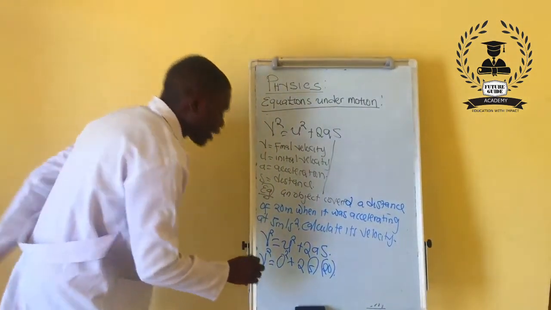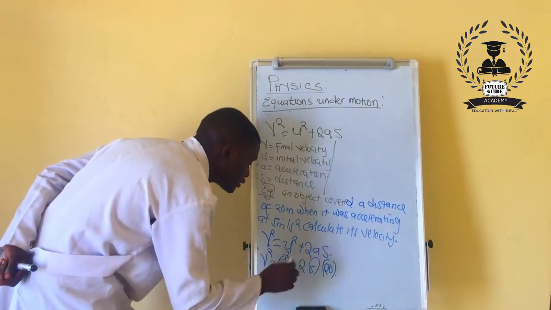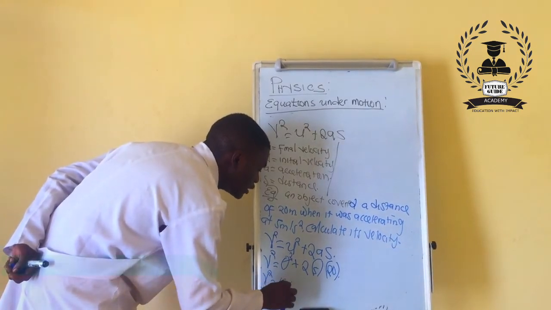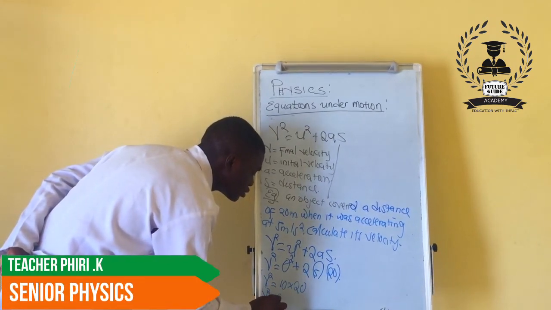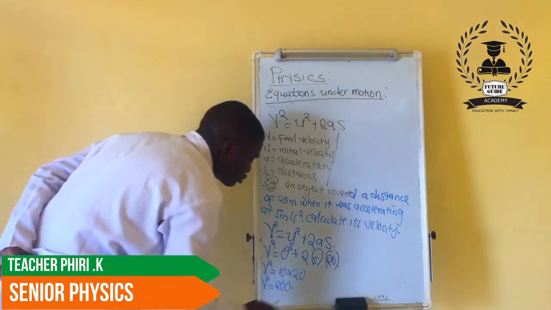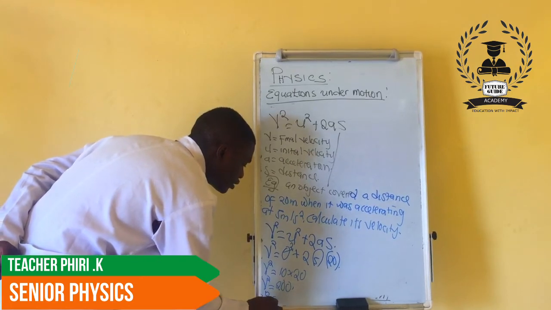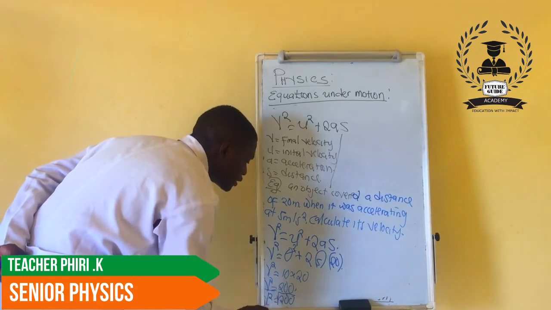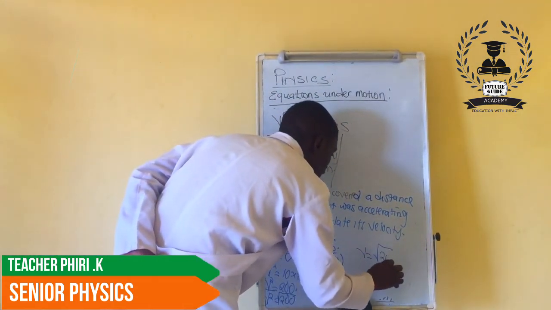Then v squared is equal to 0 plus 2 times 5, which is 10, and 10 times 20 gives v squared equal to 200. So v is equal to the square root of 200.